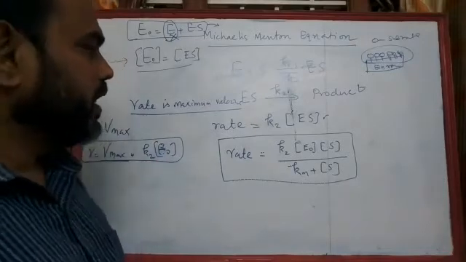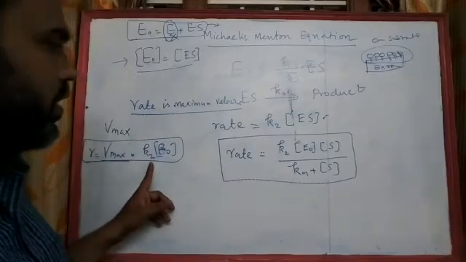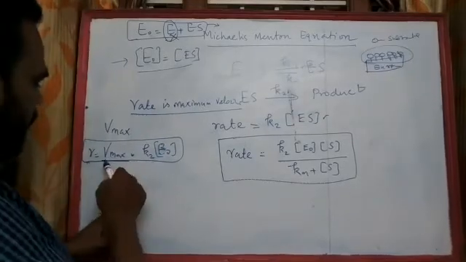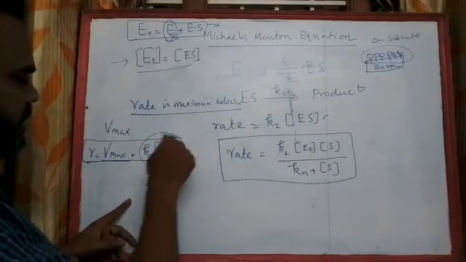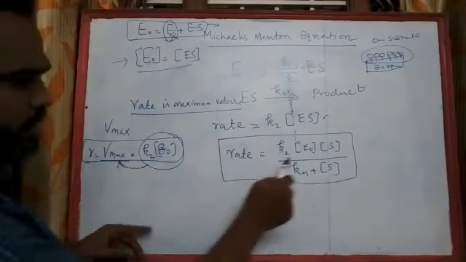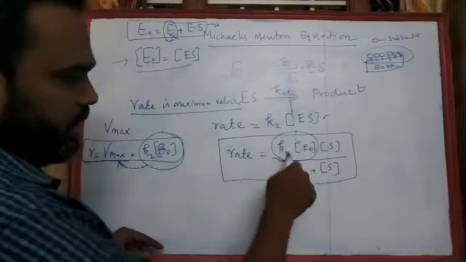Now, Vmax is K2 E0, so in place of K2 E0, I can substitute Vmax in this equation.